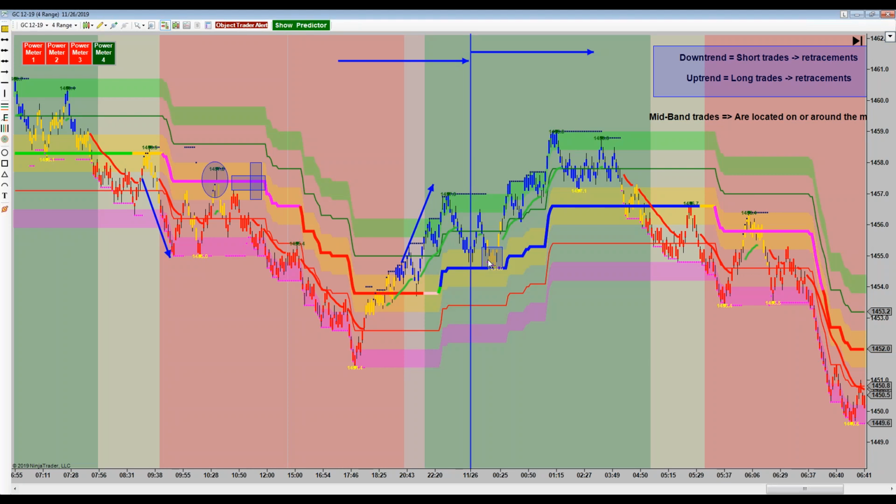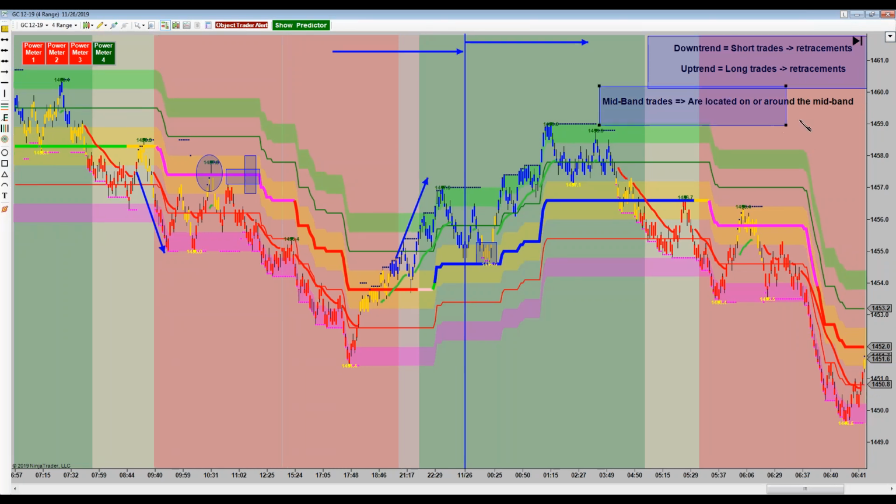All right, time's up. So I haven't given the definition of a long trade entry on a midband trade. However, it would be the same as over here because we wrote it down, right? We said midband trades are located on or around the midband itself, per this definition right here.